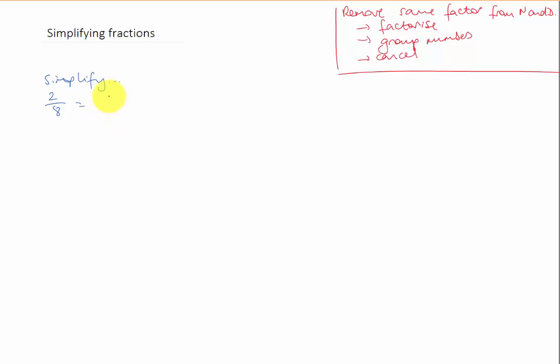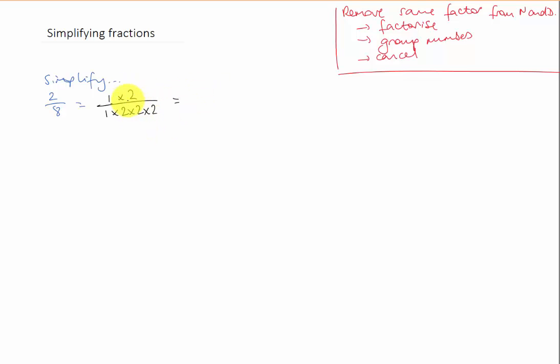So in this case, all we can do is say 1 times 2. Then on the bottom, we can say 1 times 2 times 2 times 2. And these are all prime number factors that I've taken here. But later on, if you see something immediately, you could just take out one factor from the numerator and the denominator. There's no rule that says you have to multiply out all the prime factors.